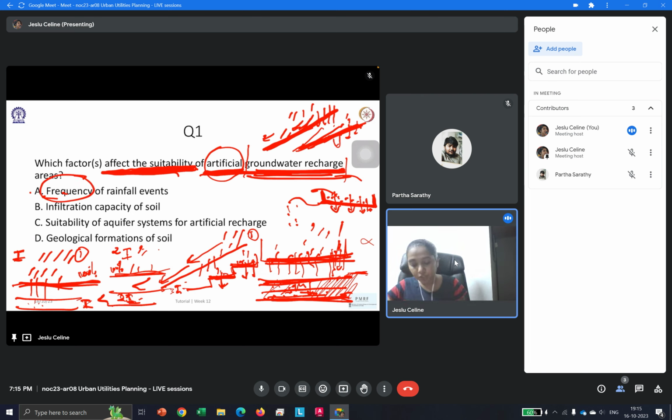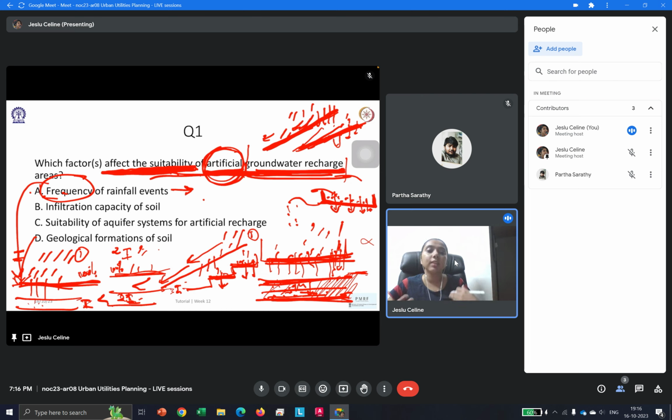So that's what the question is asking: will the frequency of rainfall events affect the suitability of artificial groundwater recharge? We say yes, it affects, because frequency of rainfall affects the percolation and the underground recharge. So everything is linked. There are many other aspects of artificial recharge structures, but I'm isolating this aspect, and it also contributes towards the suitability. If the frequency is changing, then the amount of recharge will also change.